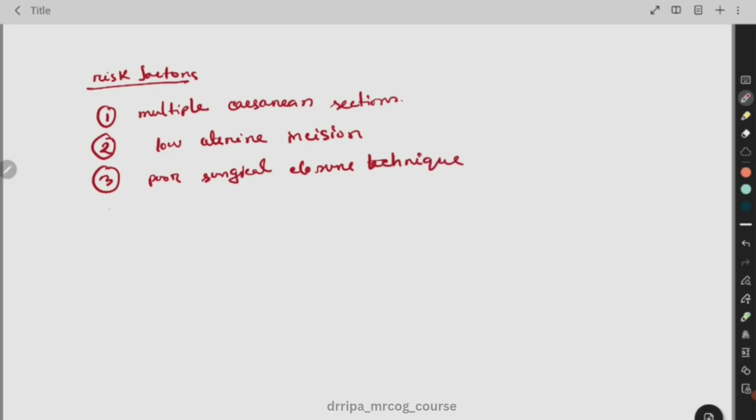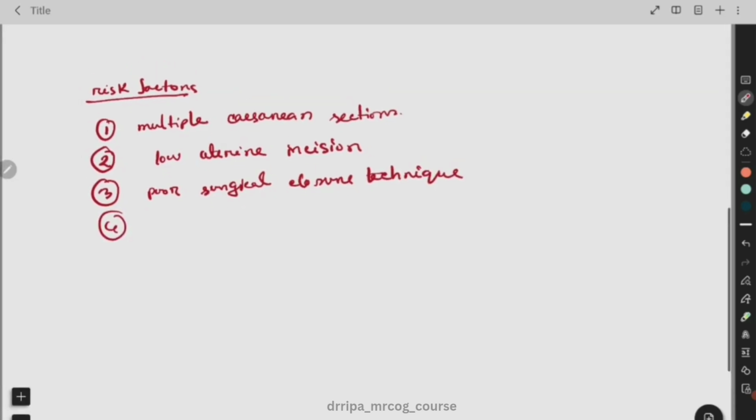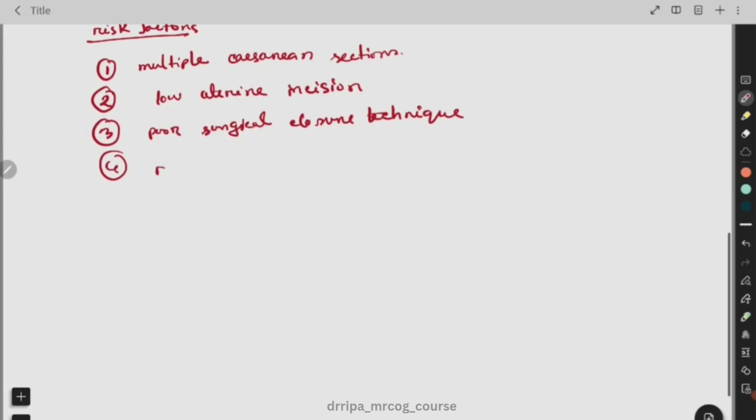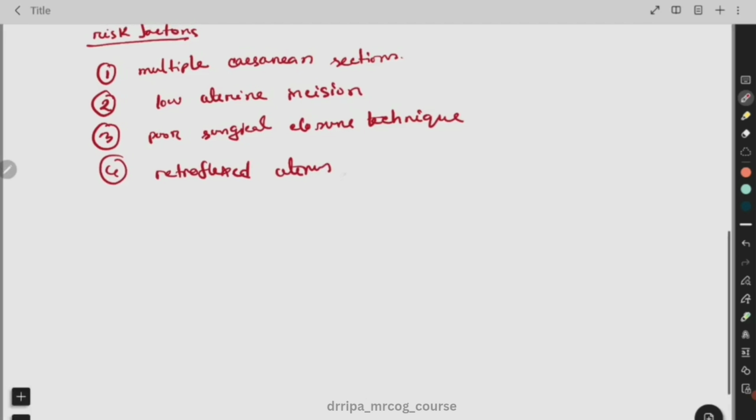Other risk factors include retroflexed uterus, infection or poor wound healing.